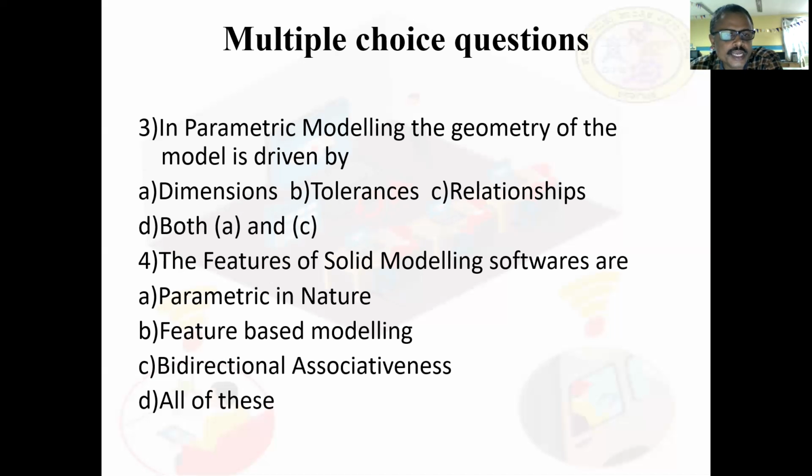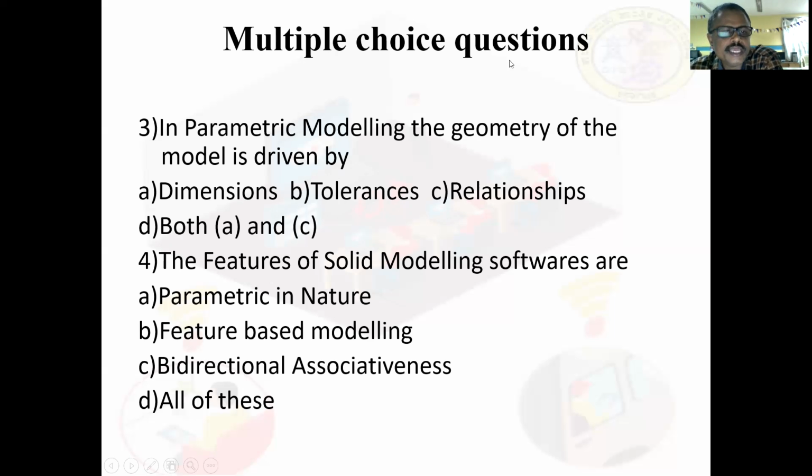Parametric modeling is the relationship between two entities. When I say entity, it can be the relationship between length and width, or between diameter and height, like that. Whereas bidirectional associativeness is the relationship between two departments. So if you make changes in one department, those changes will be effectively incorporated in the other department also.